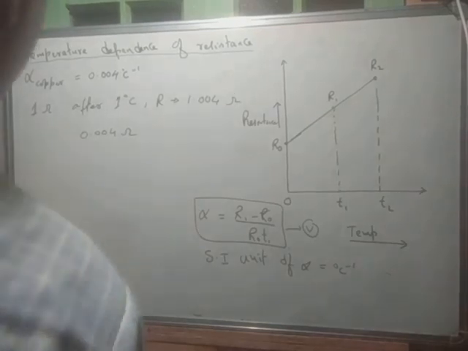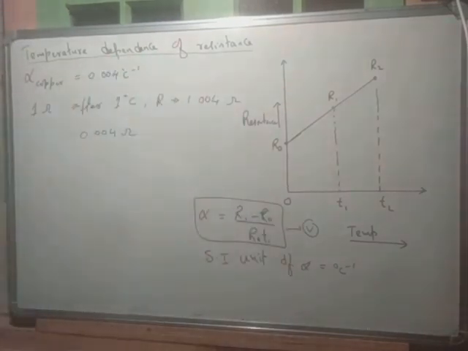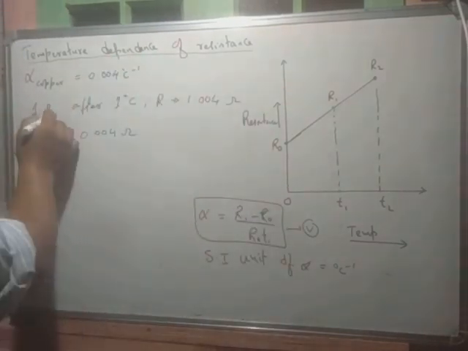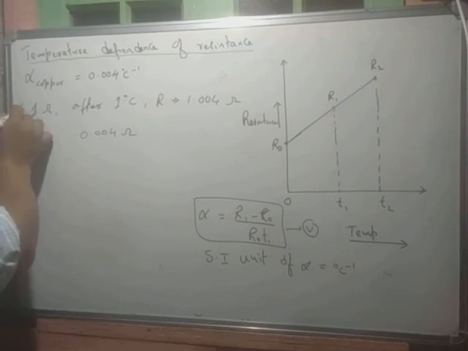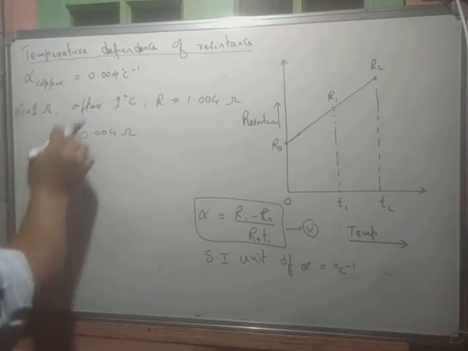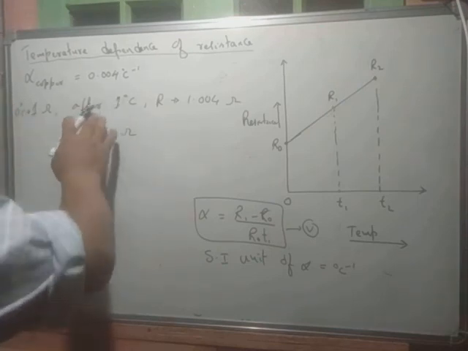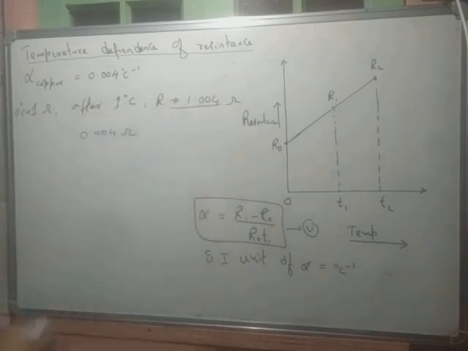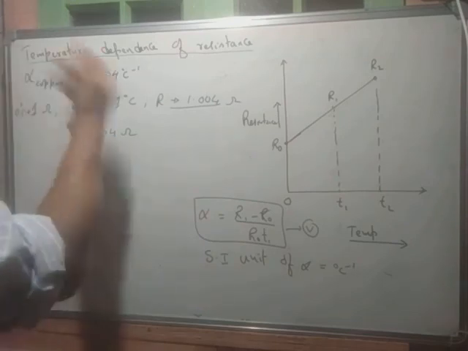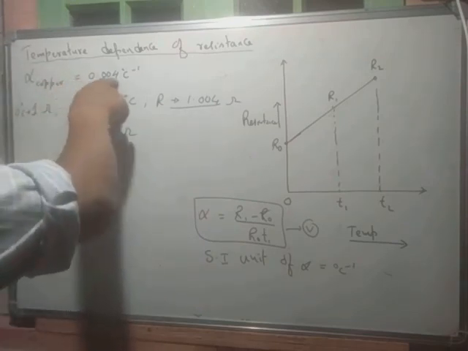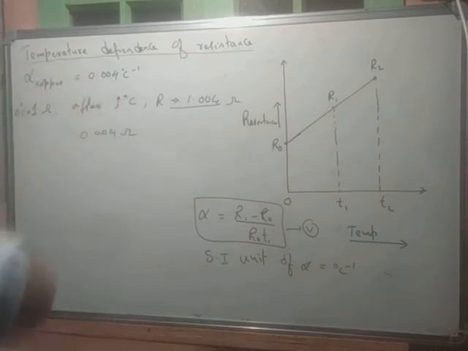Or in other words, if initially the resistance at 0 degree Celsius is 1 ohm, then after 1 degree Celsius the resistance will become 1.004 ohms. That means you get this value by adding the number which is given in the temperature coefficient of resistance. Okay, so this is all about the resistance depending on temperature.